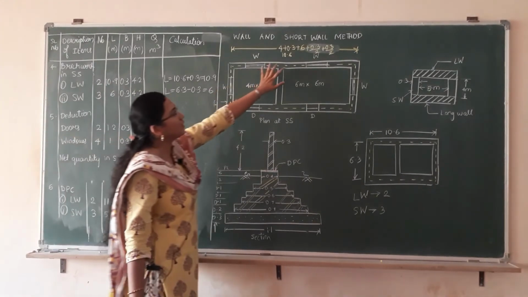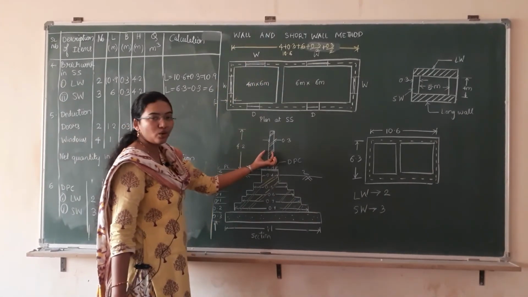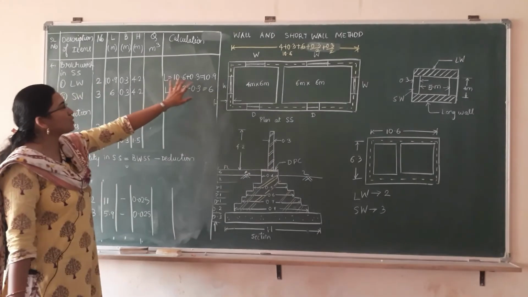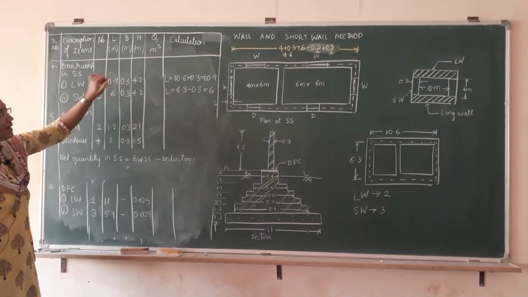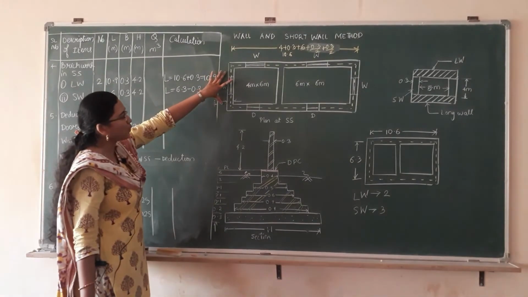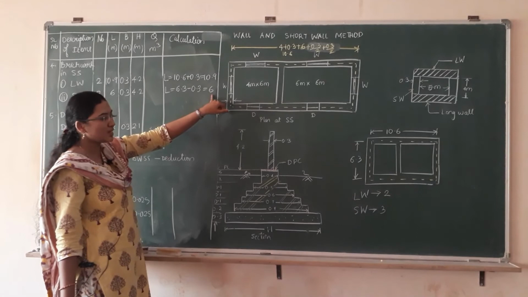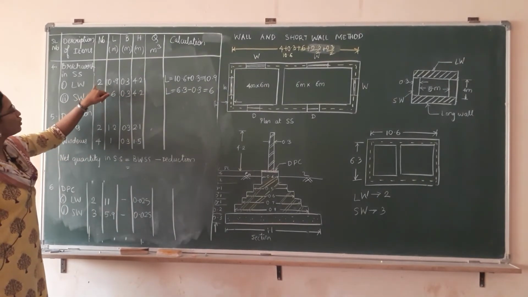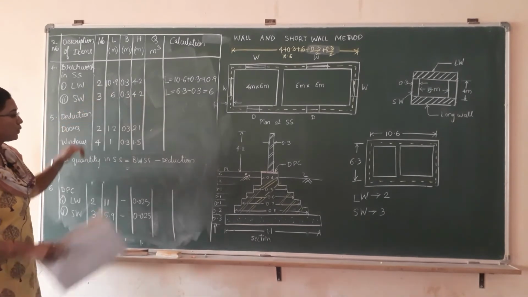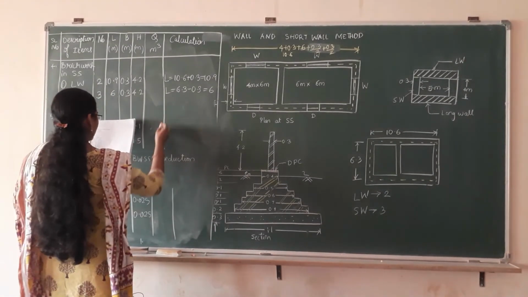Again the same method, 10.6 plus width of the wall. So 10.6 plus 0.3, which is 10.9 for the long wall, and similarly for the short wall 6.3 minus 0.3, which is 6, that we have written over here. And you have 2 long walls and 3 short walls. So the calculation goes like this.